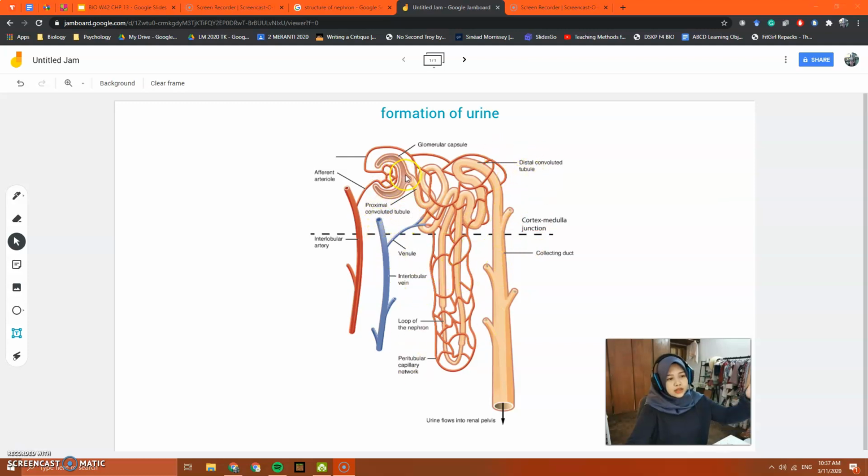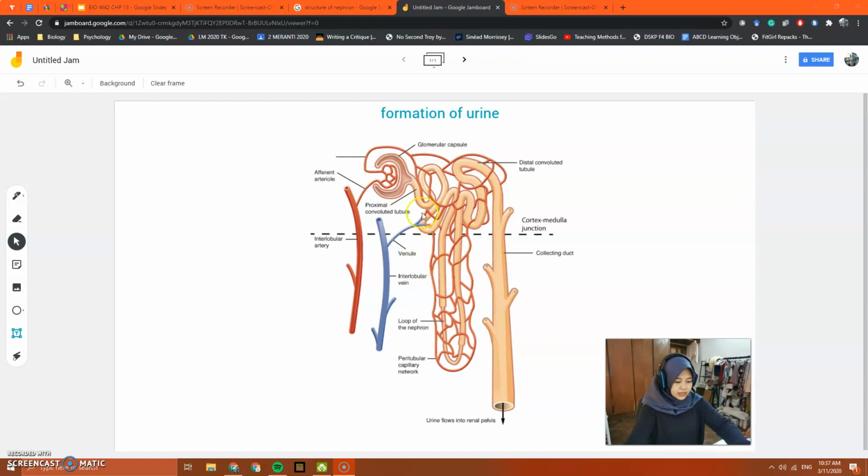As your filtrate passes through, it will allow the ions or glucose or amino acids or water to pass through and enter the bloodstream to be reabsorbed, which brings us to the second part of the formation of urine, which is the reabsorption at the PCT.